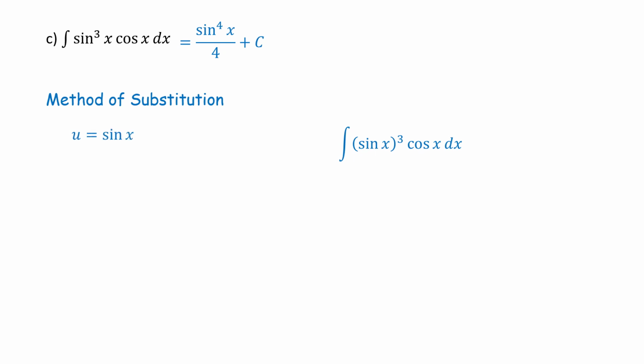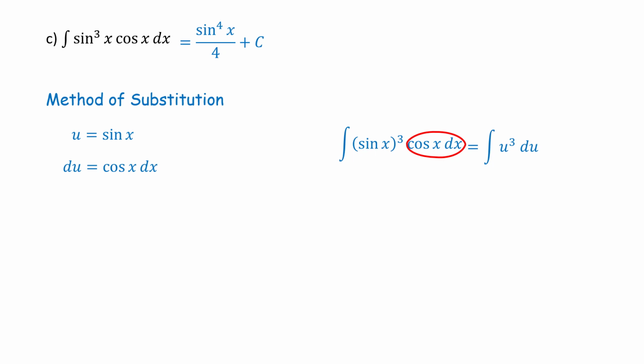Then we need to take the derivative on both sides. Du, the derivative of sine x is cosine x dx. We can make a direct substitution, so the integral of sine cubed x cosine x dx is just the integral of u cubed du.